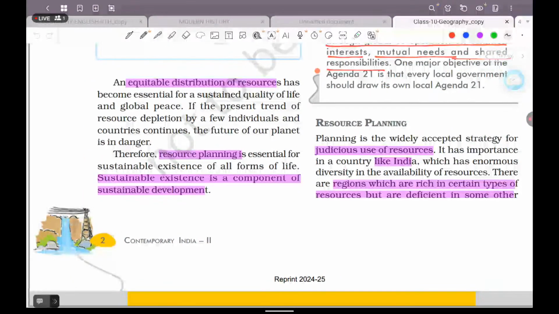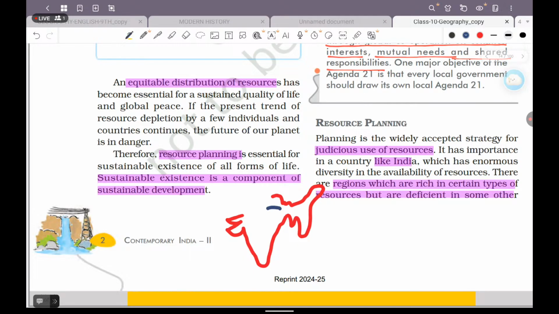If we talk about resources, in some regions, like the region of eastern India, the coal resources, the coal reserves, are high, but in some other parts of India the coal reserves are not present.